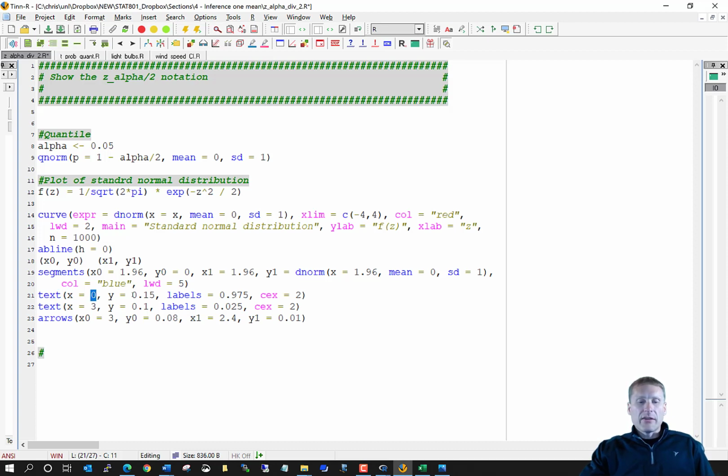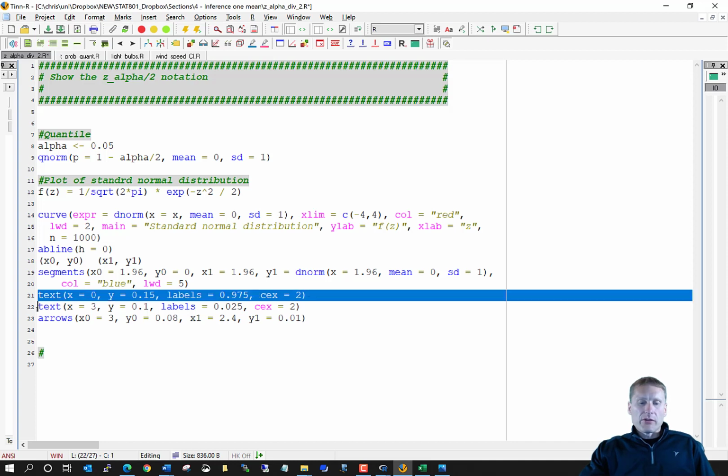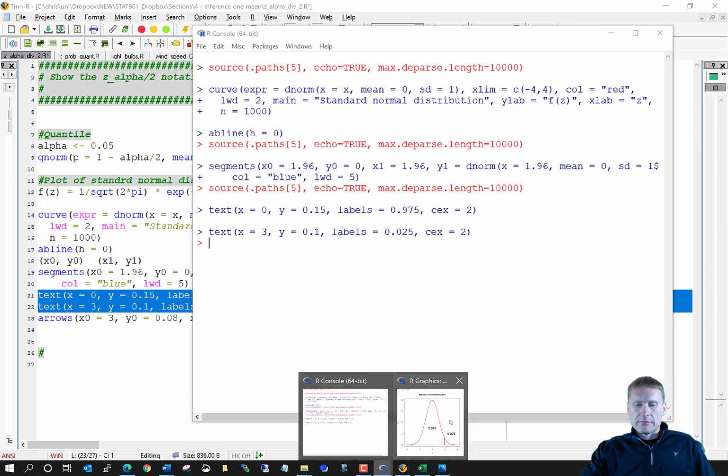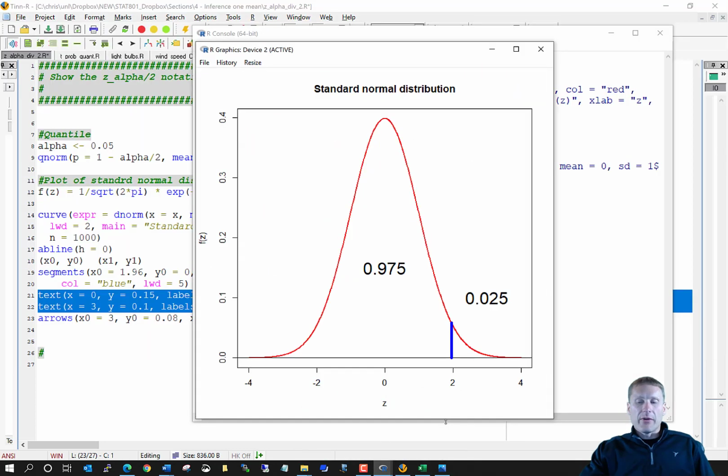Well, how about where x is equal to 0, y is 0.15 in terms of the y-axis. I'm going to label it with the value 0.95, make it twice as large as the default. Do a similar thing with 0.025. And those are the labels.